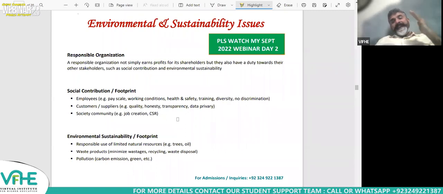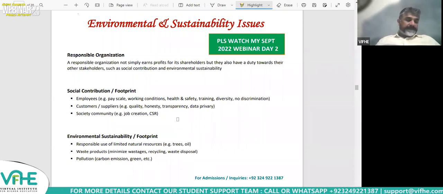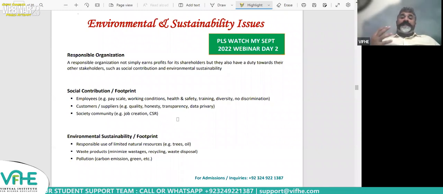If you go back 10 years, all businesses were just focusing on making profits. We are there to make profits. Forget about social contribution or environmental aspects.